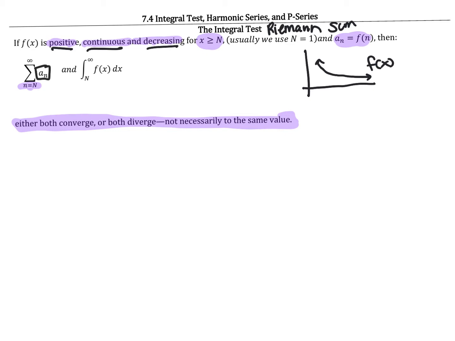If the area under the curve, thinking about it like a Riemann sum, converges, if we could find this area and this area was finite, then the integral would converge, and therefore the series, which is not continuous but just the sum of each of those terms, would also converge. If the area under the curve of the function diverges, therefore the series would also diverge.